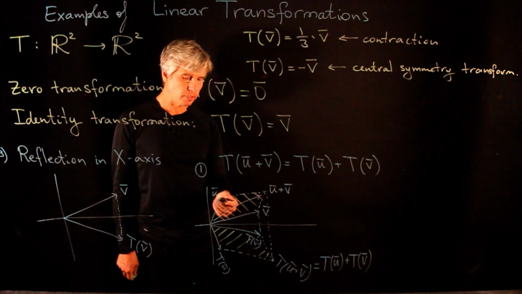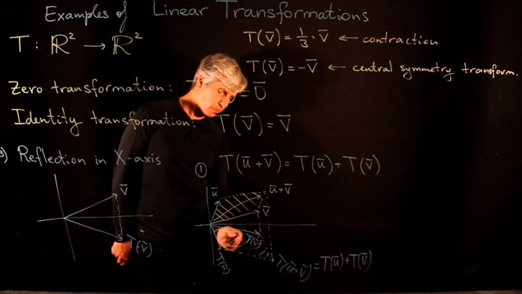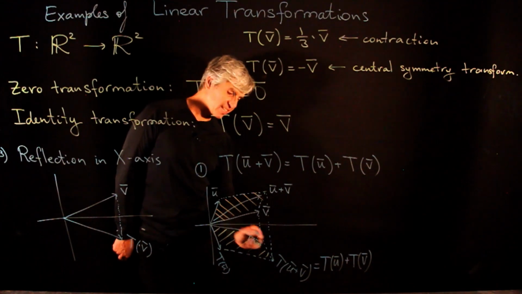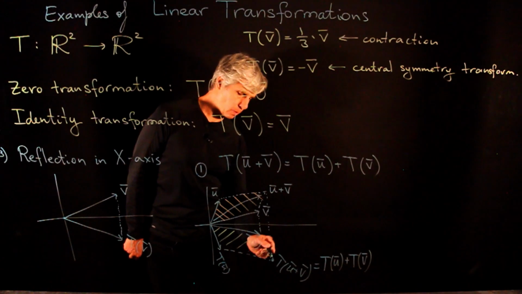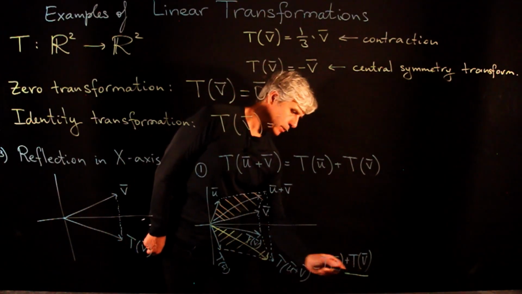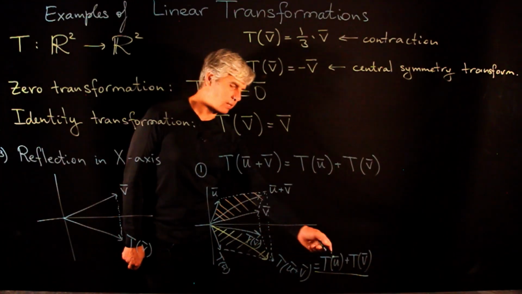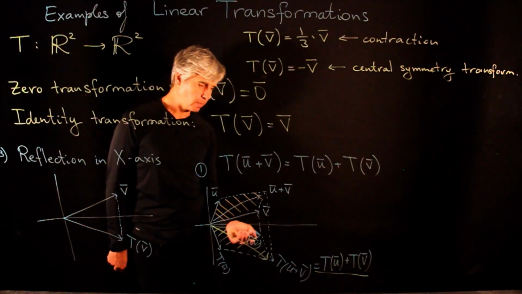Since a reflection of a parallelogram is again a parallelogram, the sum of T of u and T of v will be the diagonal of this reflected parallelogram. So this vector here is T of u plus T of v, because the addition of T of u plus T of v is obtained through the parallelogram rule.